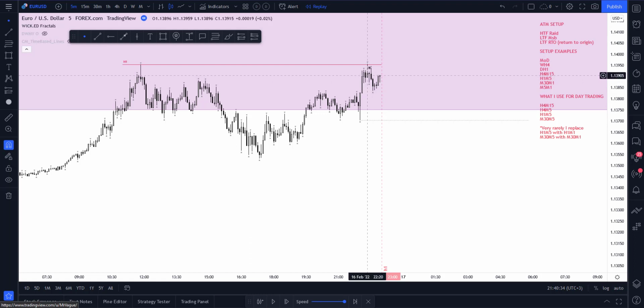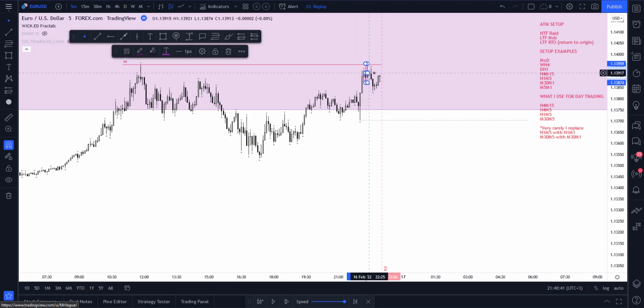So this would be the breaker, this would be the high of the swing, and it would be the rate candle. So the whole origin would be this range.